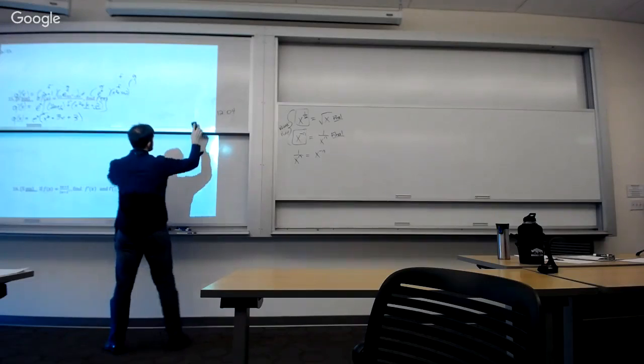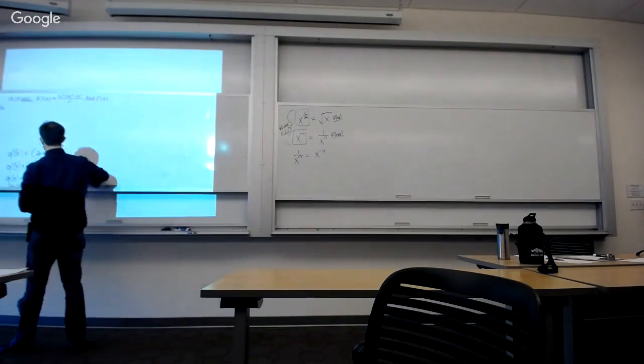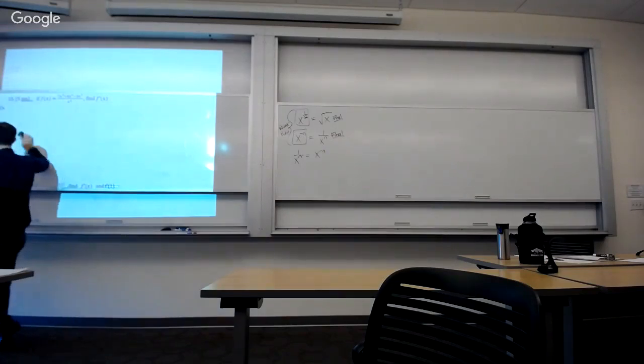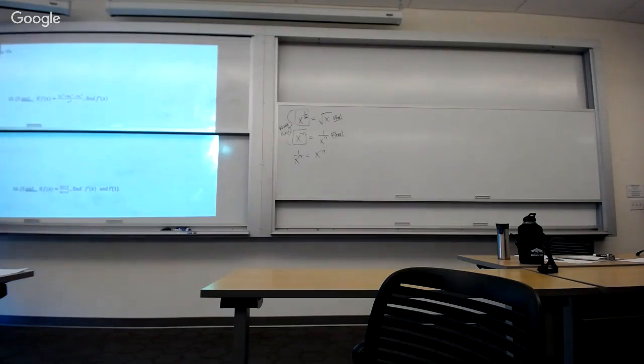What other kind of rule should you expect? Quotient. So that's if two functions are being multiplied. We also have a rule if two functions are being divided. Now the division rule can feel a little longer. I'm going to write it down first. d dx of f over g.